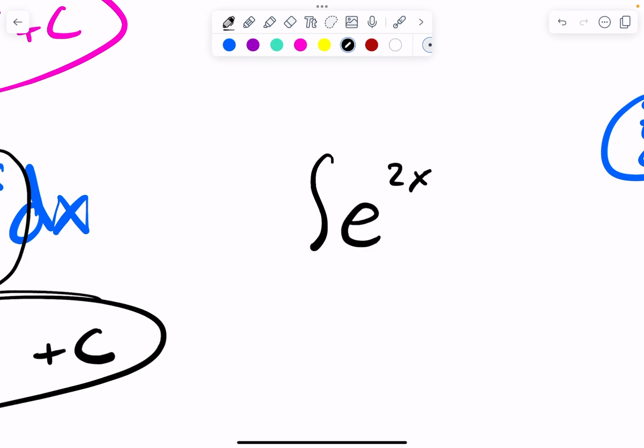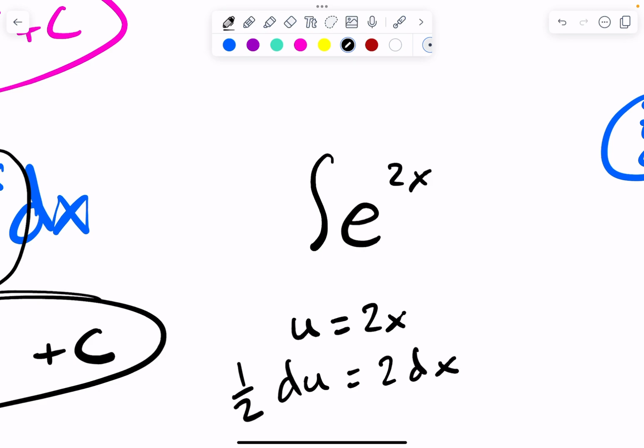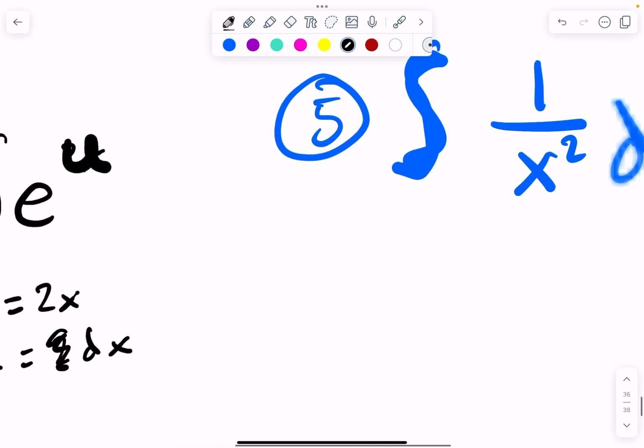In this case, you would have to say u equals 2x, and then du would be 2 dx, and you'd have to divide by 2. So I'd have 1/2 e to the u, and that type of thing. Okay, if that confused you, it's fine. But for those of you wondering, that's how you would have to do that in that case. Okay?